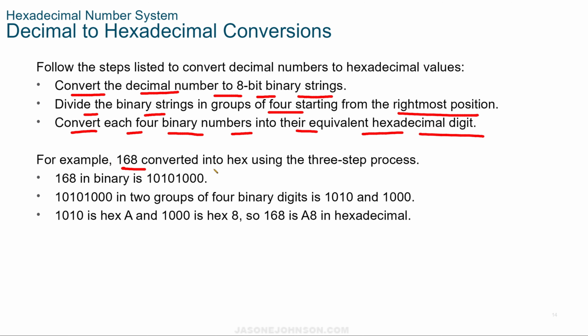For example, 168 converted into hex uses a 3-step process. 168 in binary is 10101000. Two groups of 4 binary digits are 1010 and 1000. 1010 is a hex A, and 1000 is a hex 8, so 168 is A8 in hexadecimal.